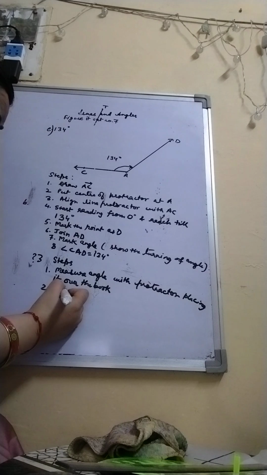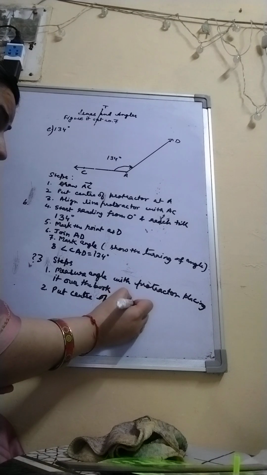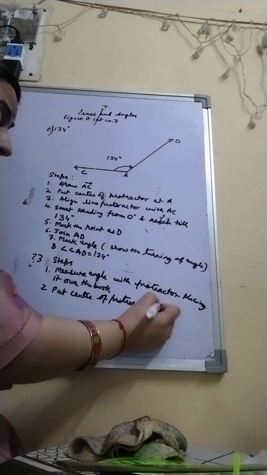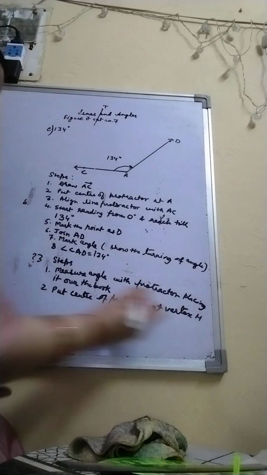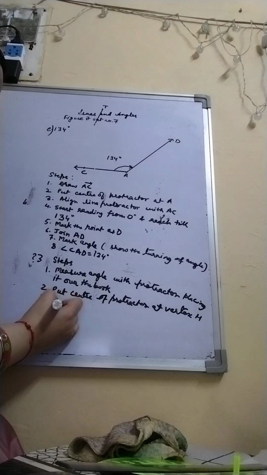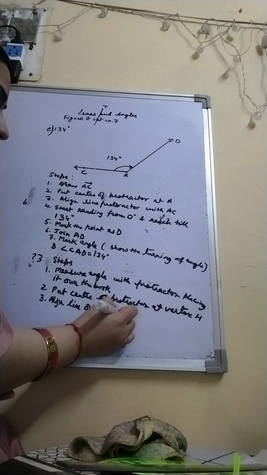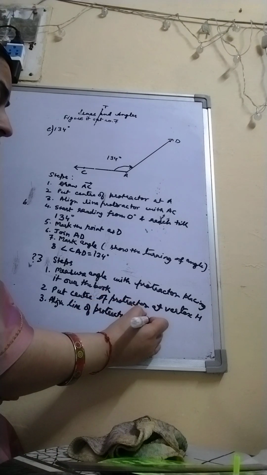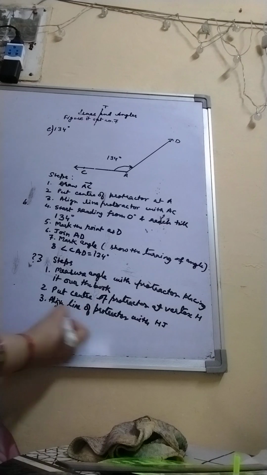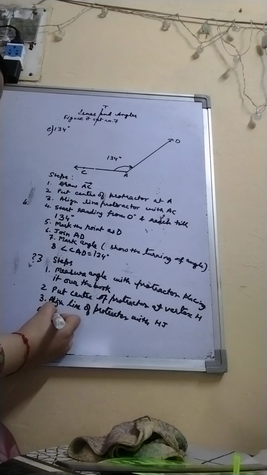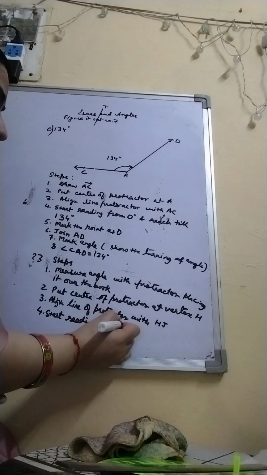Put the center of the protector on the vertex and the line of the protector along HJ, and start reading from 0 degree.